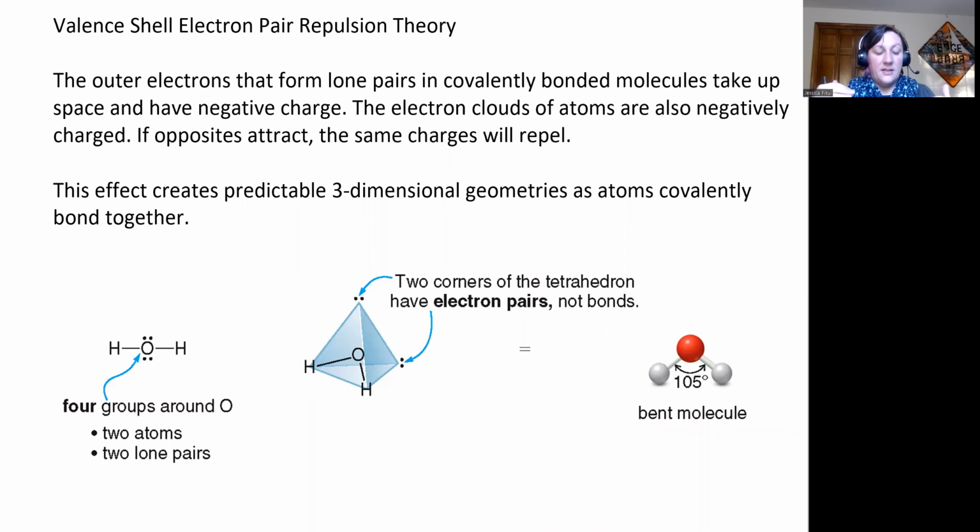We looked at water before, and so I'm going to look at water again. Here's our Lewis dot structure for water. And you can see we have 4 different groups. We've got 2 atoms that are going to create negative charge, balls of electron density, and these lone pairs as well.